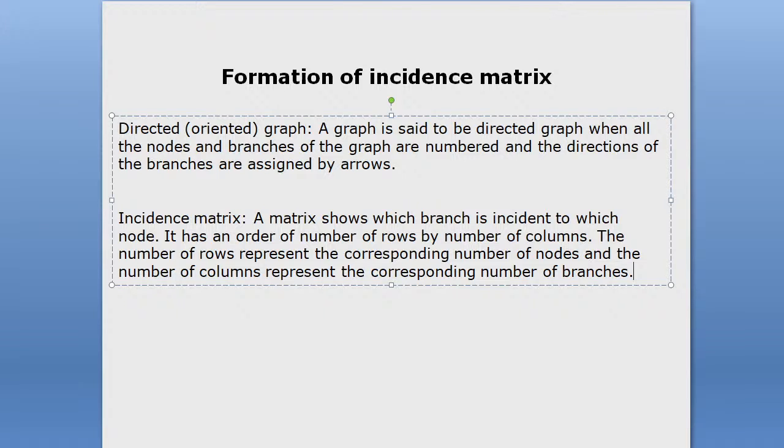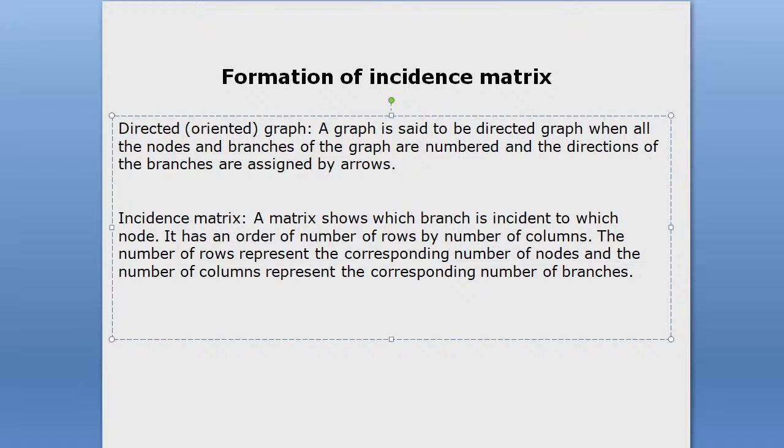That means the current direction must be mentioned. Now if the number of rows equals the number of nodes, suppose n, and the number of branches equals m, then the order will be n by m.